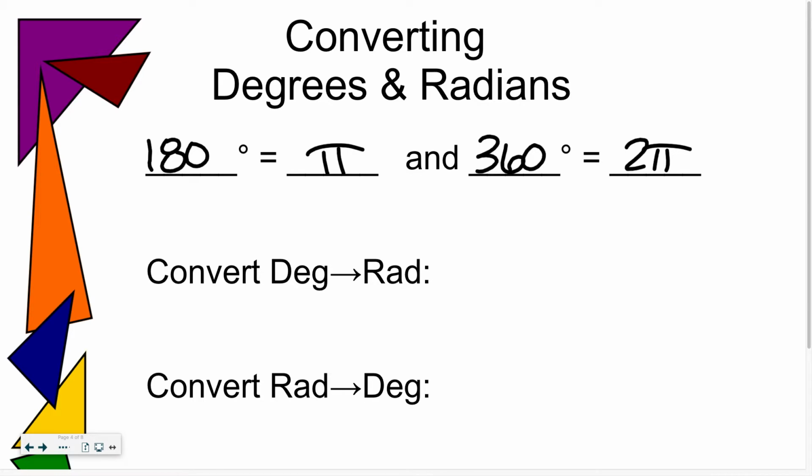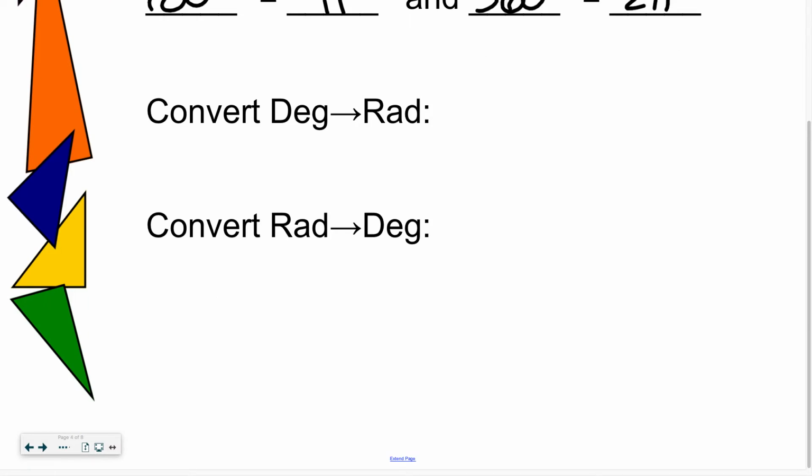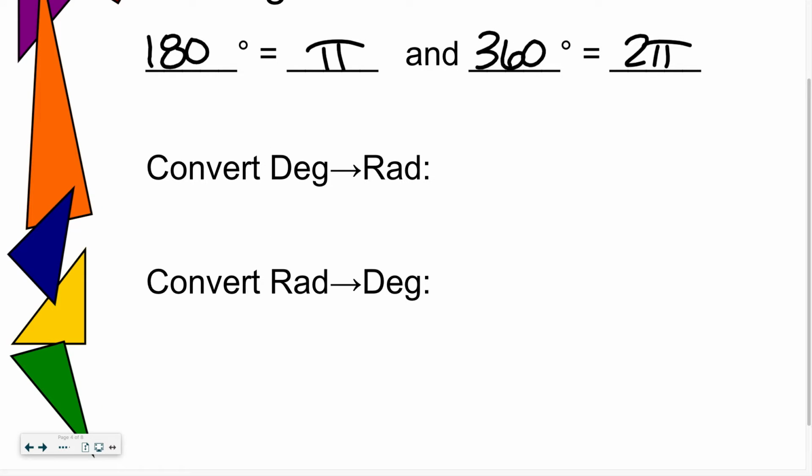The thing that I always remember is if I'm trying to go from degrees into radians, I'll have a number that's in degrees, like 20 degrees. Well, I want the degrees to cancel out. So I'm going to create a conversion factor with 180 and pi because they're equal, but I'm going to put the 180 on the bottom because I want it to cancel out the degrees.